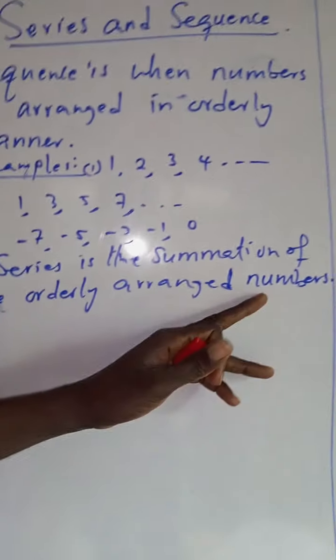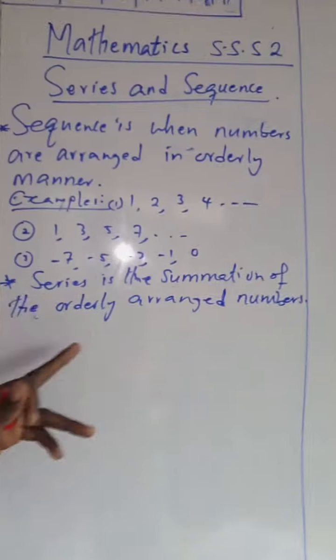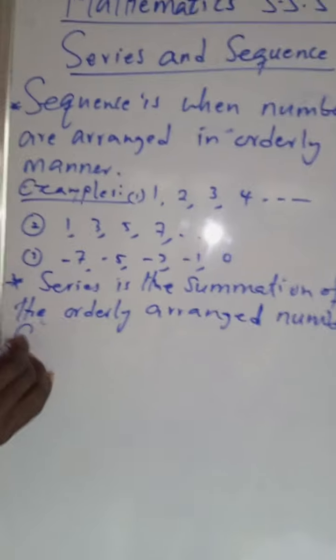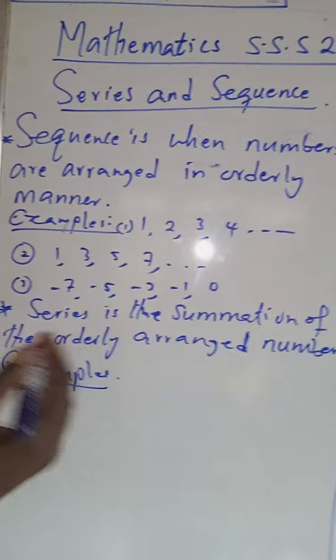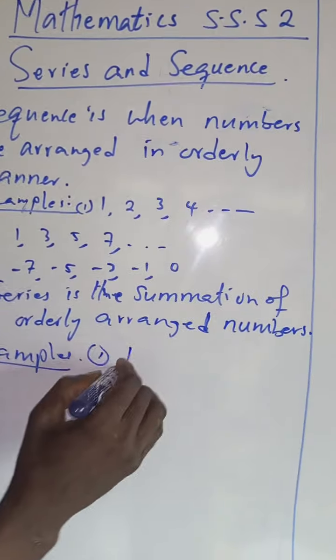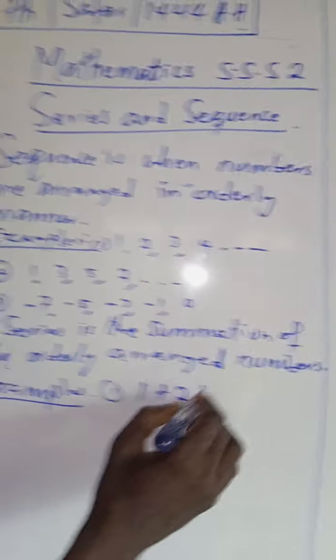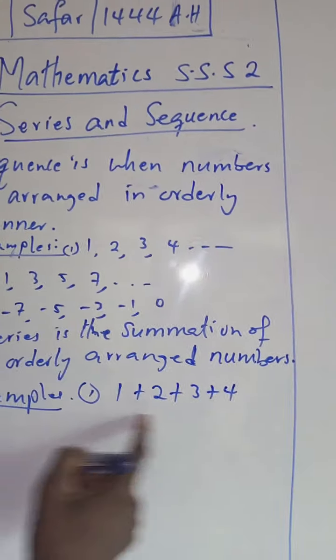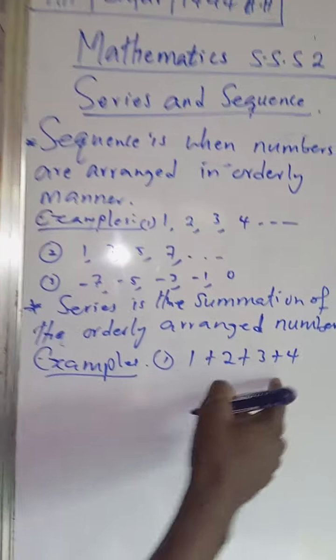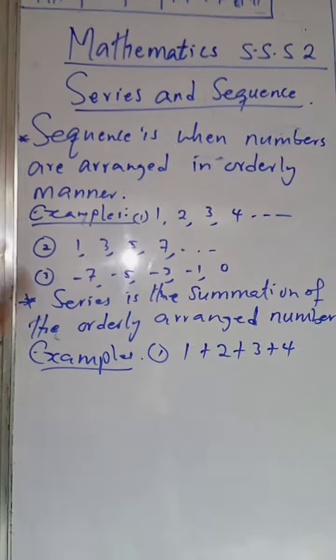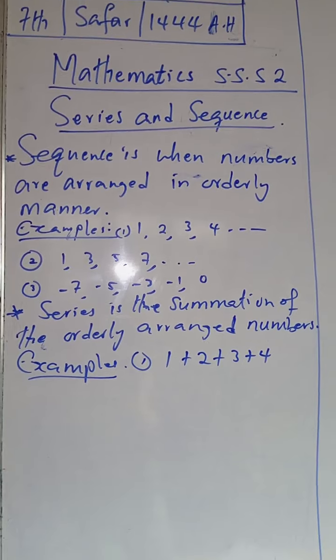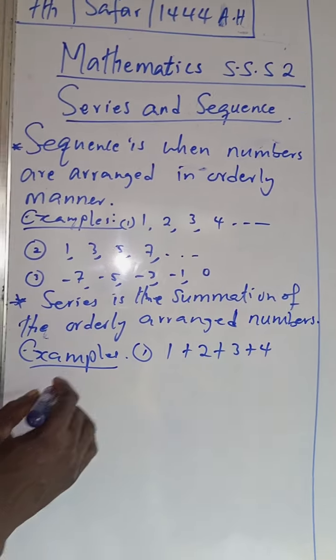So orderly arranged numbers is sequence. Series is the summation of a sequence. For example, 1 plus 2 plus 3 plus 4. The summation, we say that is a series.